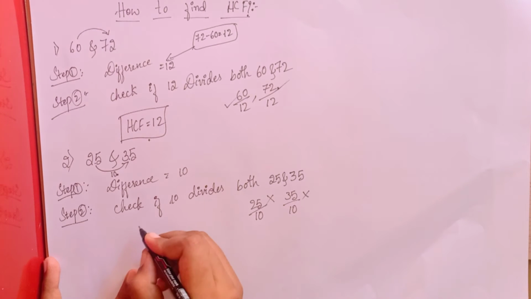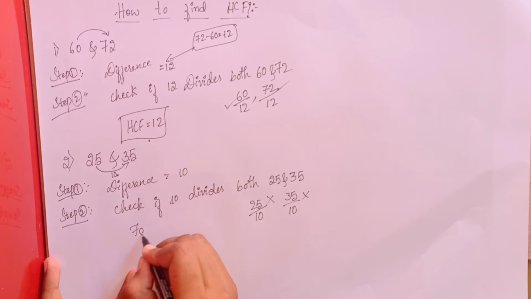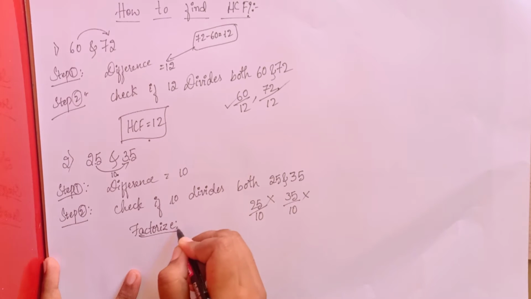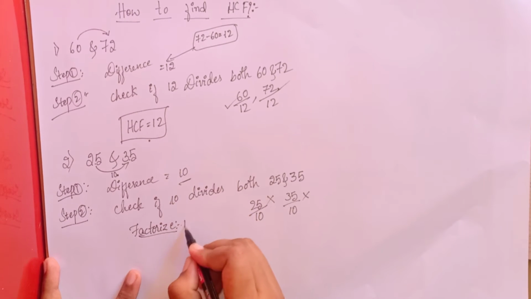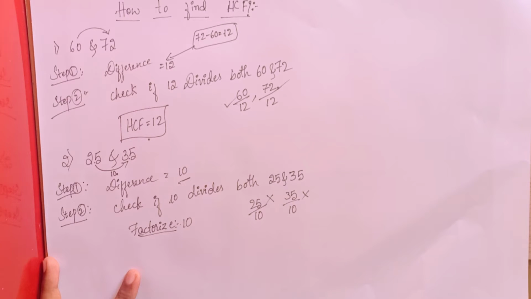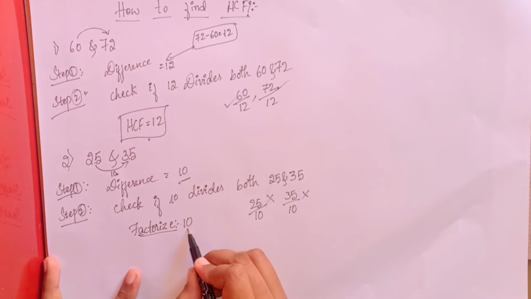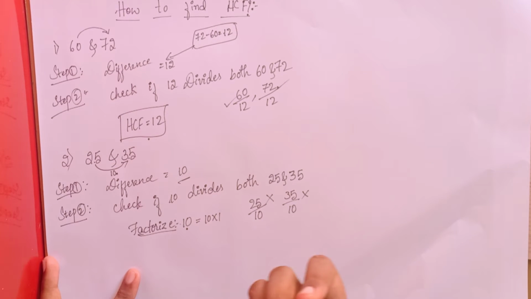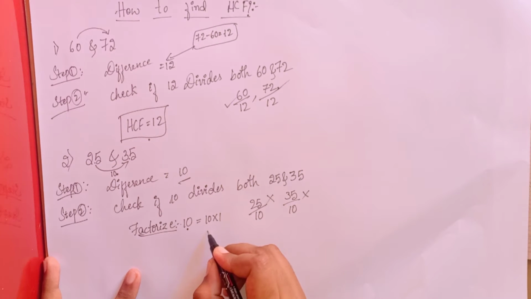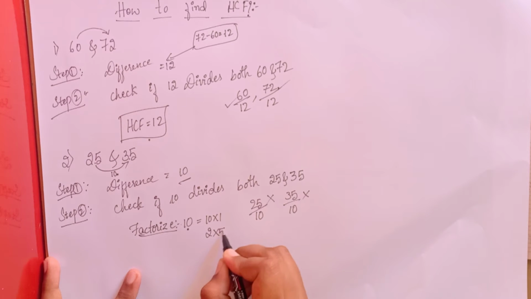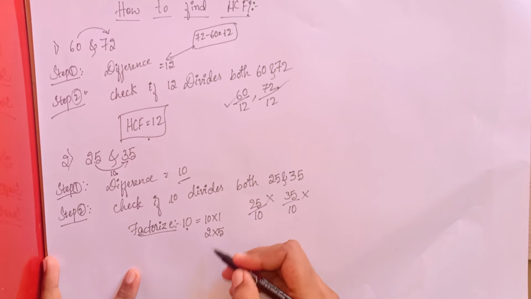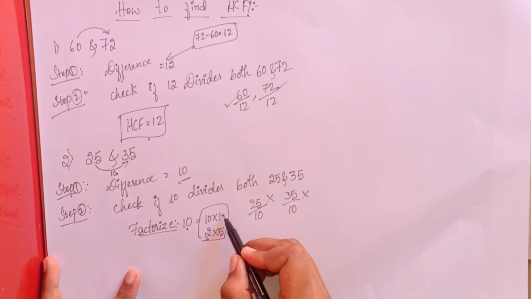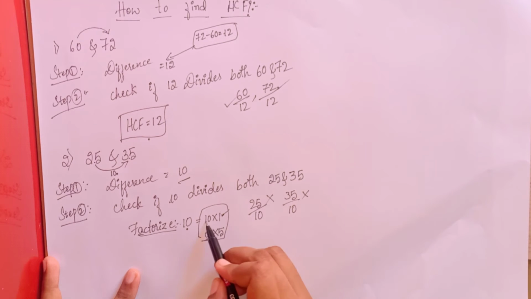So we will factorize the difference 10. The factors of 10 are 1 times 10 and 2 times 5. We don't have any other factors. The first one, 10, is not possible because it would give the same number.